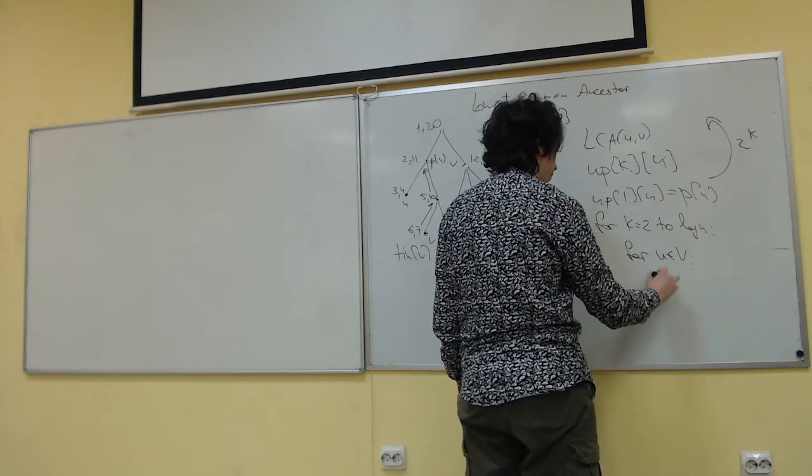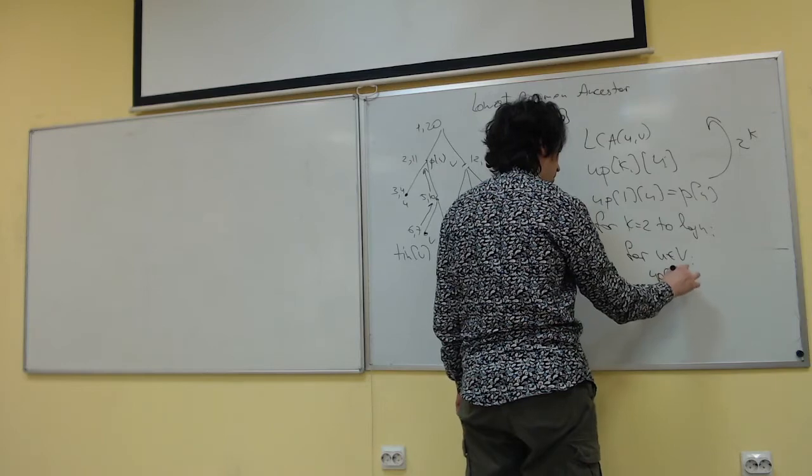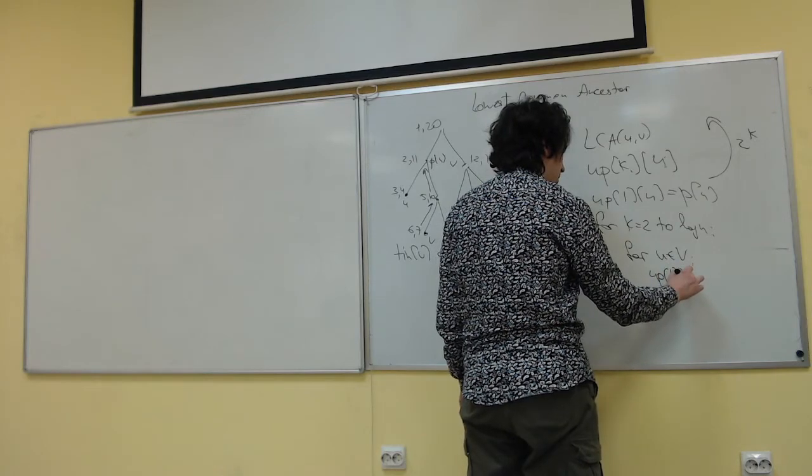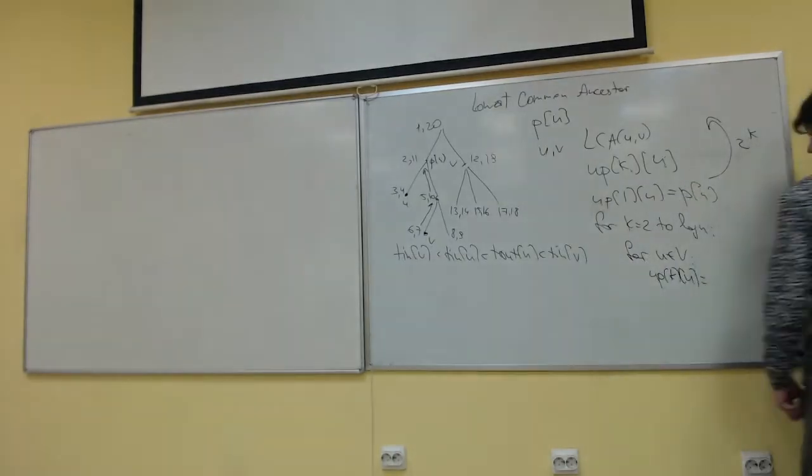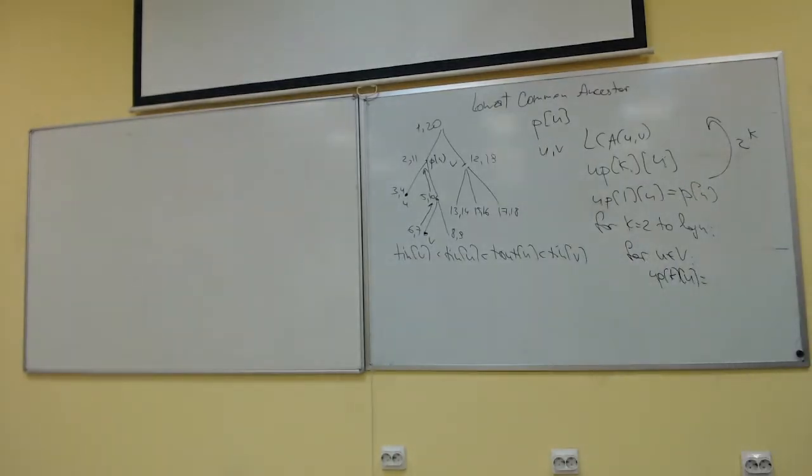We say up[u][k] equals what? We want to get the jump of 2 in the power of k, and how do we calculate it? Using the previous one.